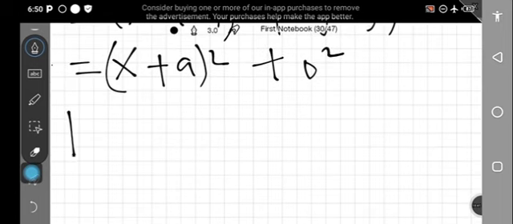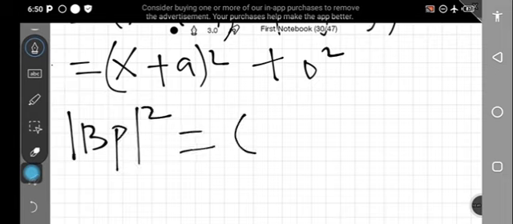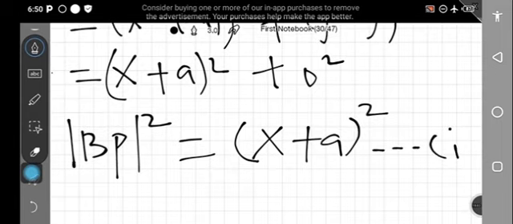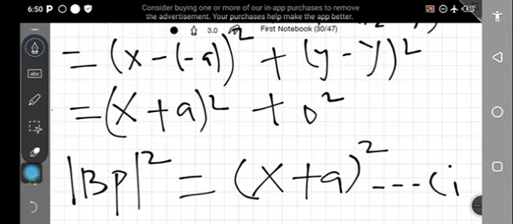So we have that BP squared equals (x + a) squared. Let's call this equation 1.